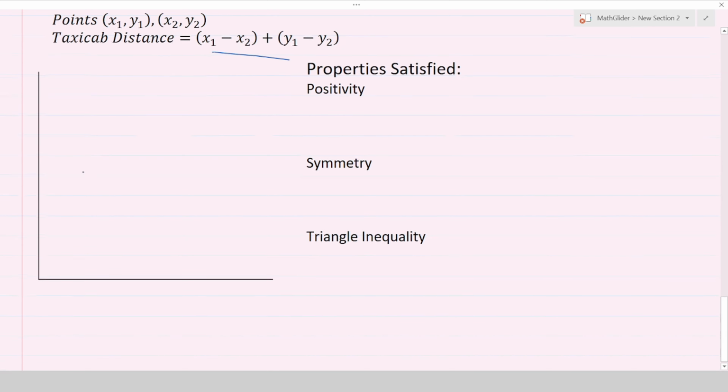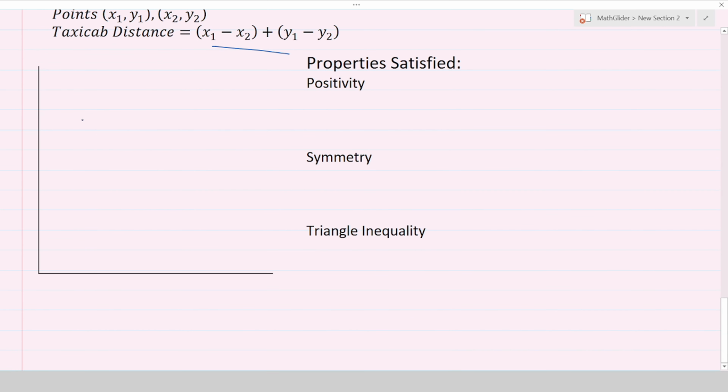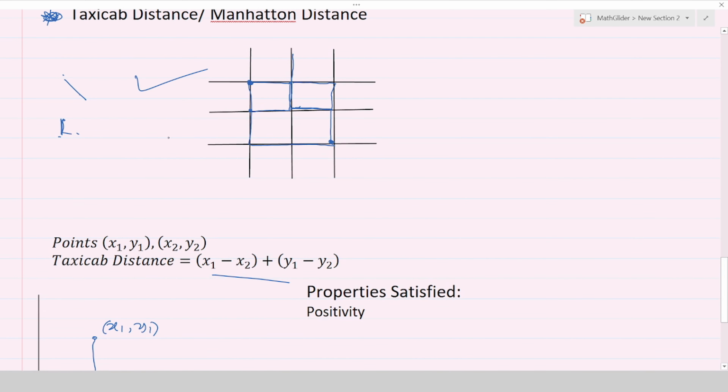Let us see how this formula works. Let us take this point x1, y1 and this point x2, y2. This line signifies x1 minus x2 and this is y1 minus y2. Now I said that we can only go vertically and horizontally.